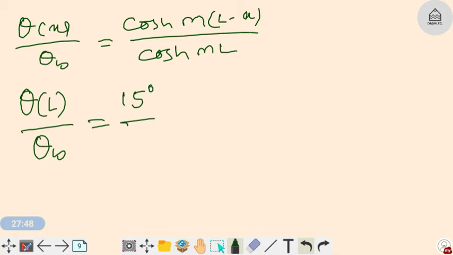Now theta b is 100 minus 40, that is 60, equal to cos hyperbolic.